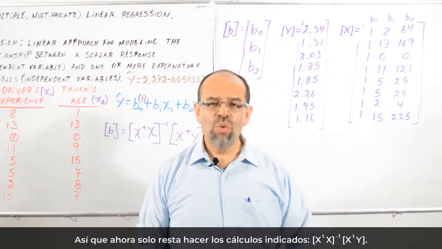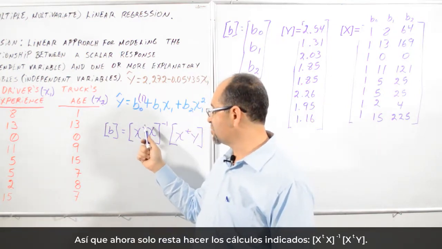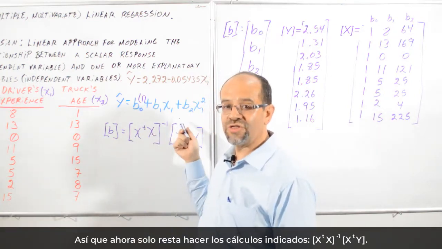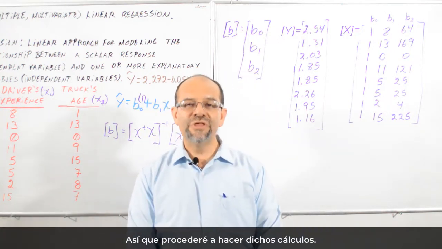And now all we have to do is to do all these calculations: X transpose X, the inverse of that result, times X transpose Y. I will be doing that.